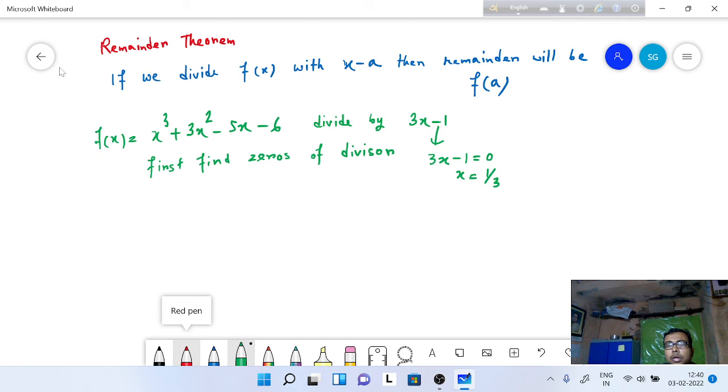So put x equal to 1/3 in this polynomial: 1 by 3 whole cube plus 3 into 1 by 3 square minus 5 by 3 minus 6.